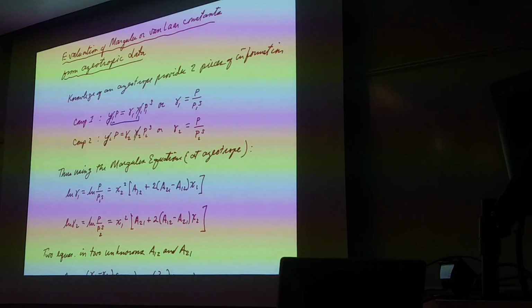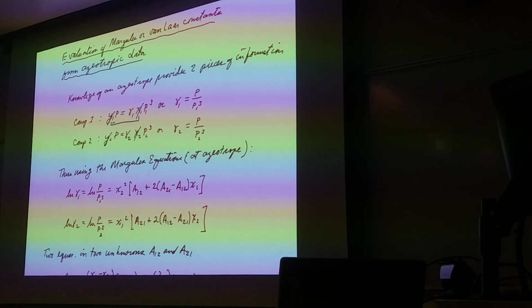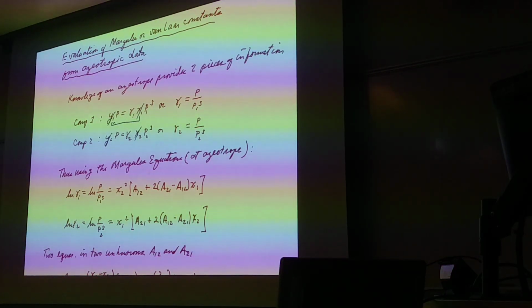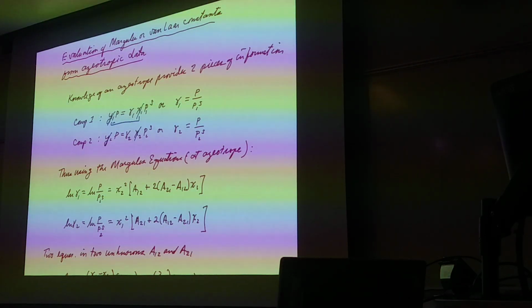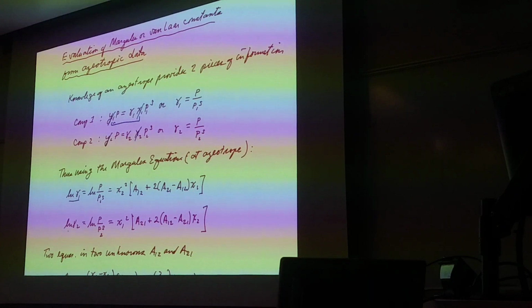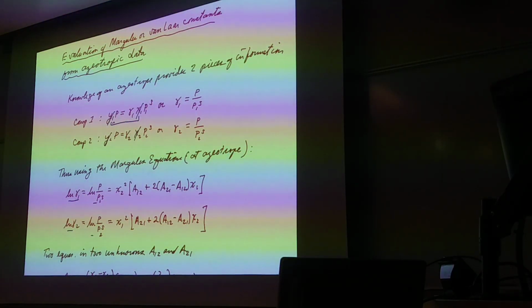So I've got from the data, because the data will provide for me, say, the total pressure, an expression for gamma 1 and gamma 2. Well, using the Margules equations at the azeotrope, just writing them in here, these are now known quantities. I've got two equations and two unknowns.